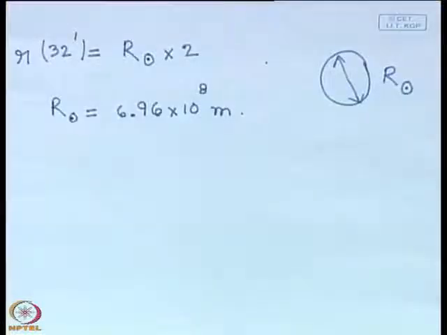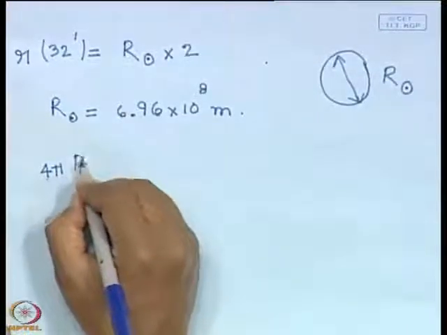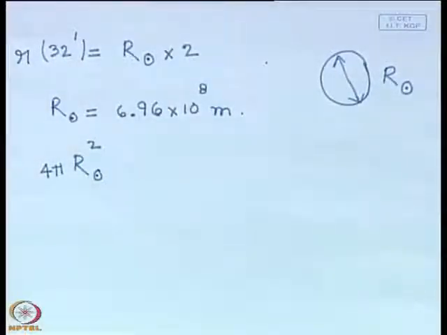Okay. So we know the radius of the sun, and now we are trying to model the sun as a black body which is radiating energy. So the amount of energy that is radiated by a black body like this, we know it's the surface area, 4 pi r sun square, into a temperature. So if you imagine that the source is a black body and determine the temperature of that black body, then that temperature is what you call the effective temperature of the source.